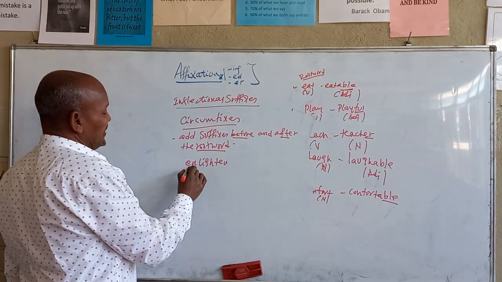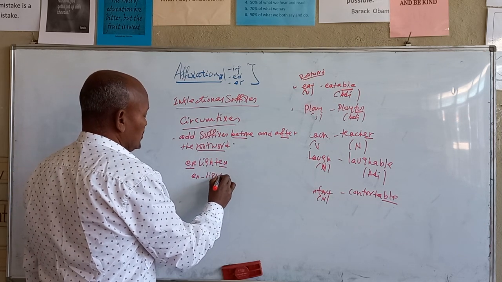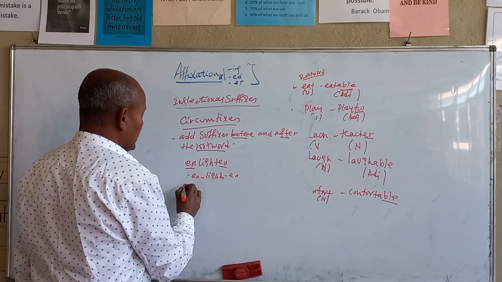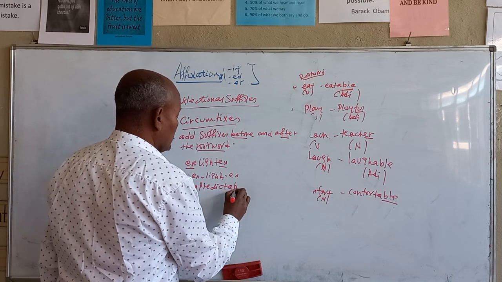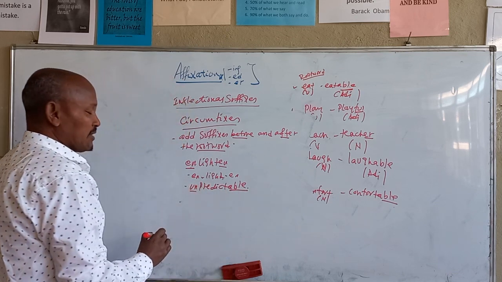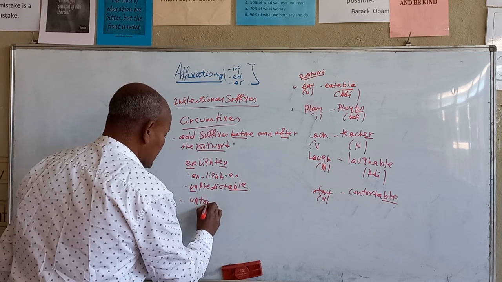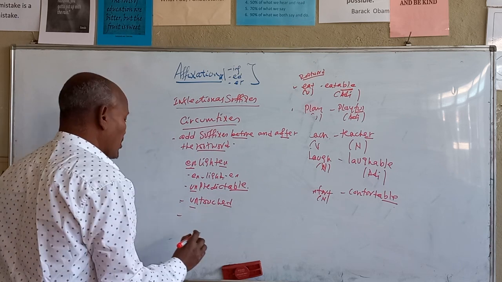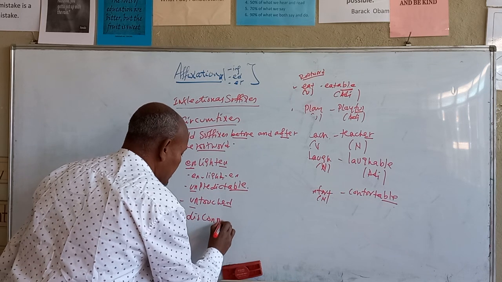Look here, enlighten: en, light, and en here. These two affixes. And here, unpredictable: un, predict, able. Or untouched: un and ed, touch the base word. Or disconnected.